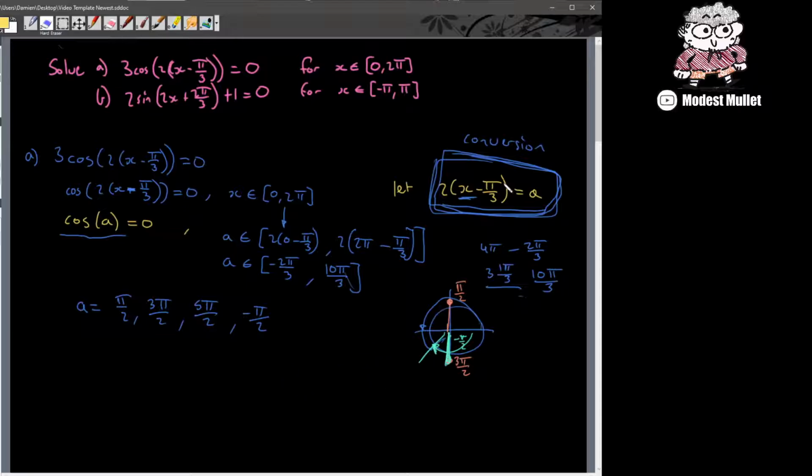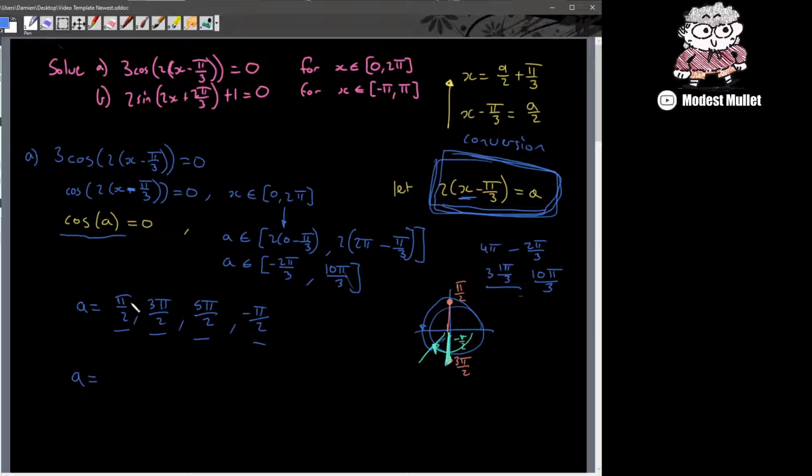So I'm going to rearrange this conversion equation, so it's going to turn into x minus pi on 3 is a on 2, so we get x is equal to a on 2 plus pi on 3. So that's what I'm going to use for all of those. I'm going to substitute each one of these a values into that.